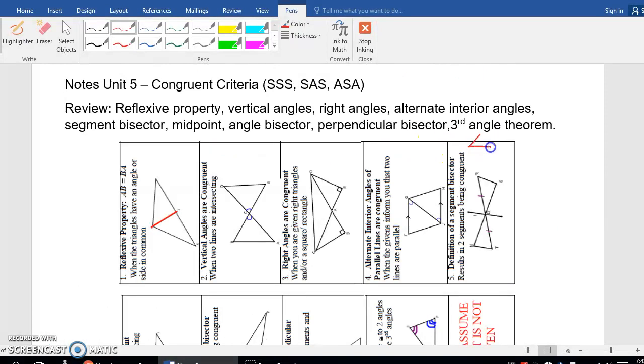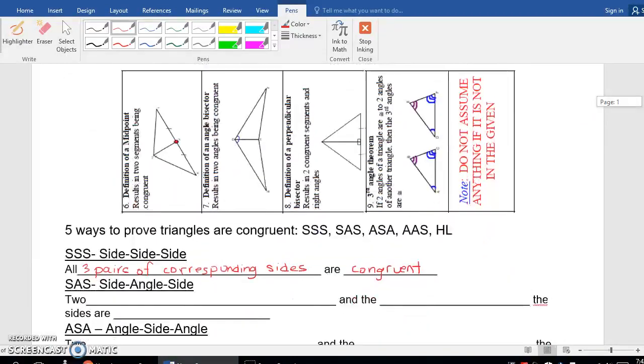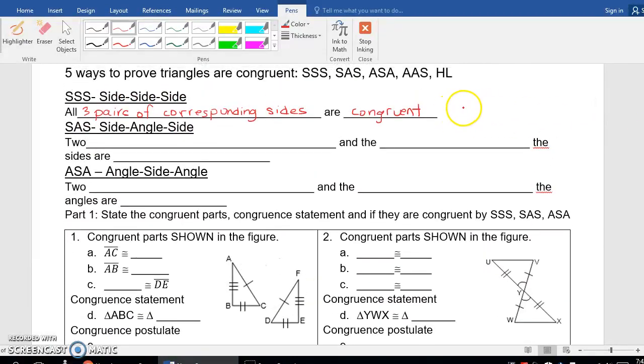So if you have 2 triangles, and this side is congruent to that side because they are corresponding. This is congruent to that. And this last one is congruent to the other corresponding side. And if you know that all 3 sides are congruent, then you know that these are congruent triangles.